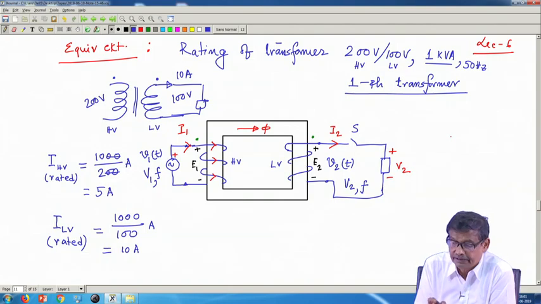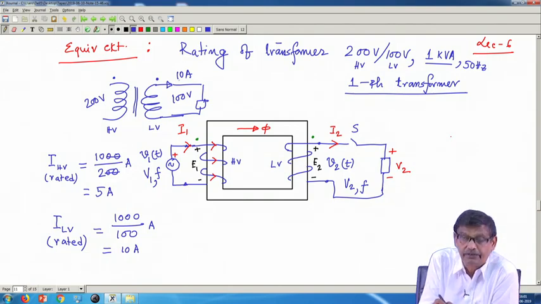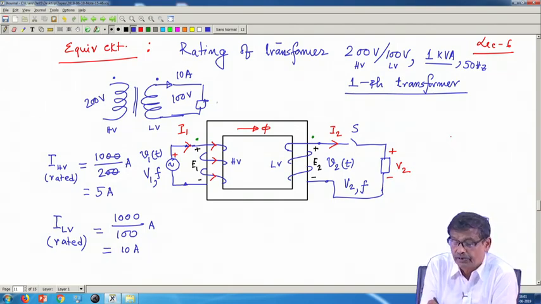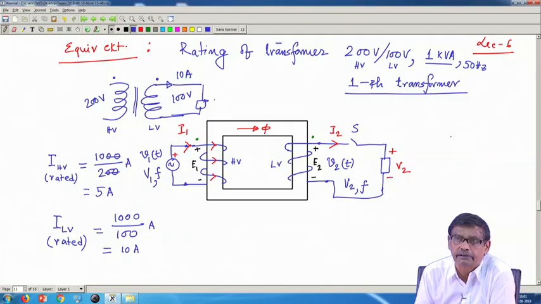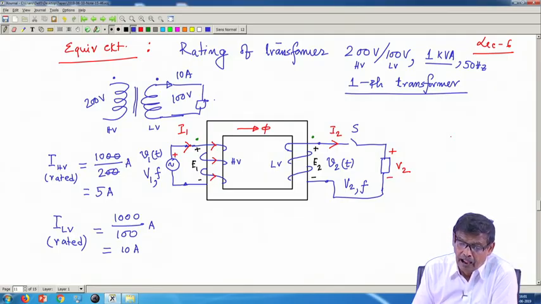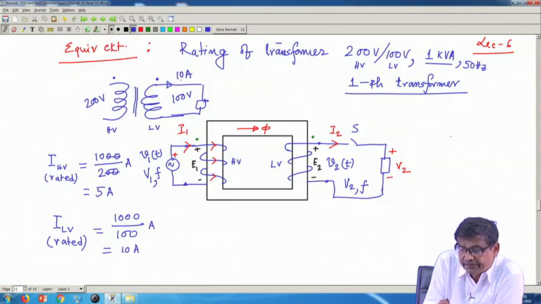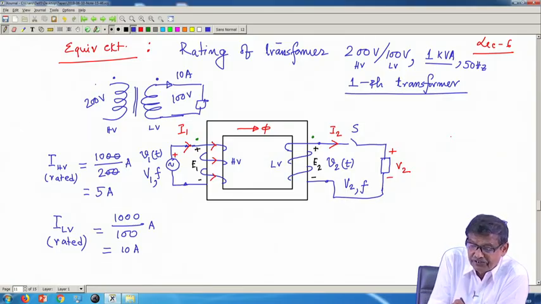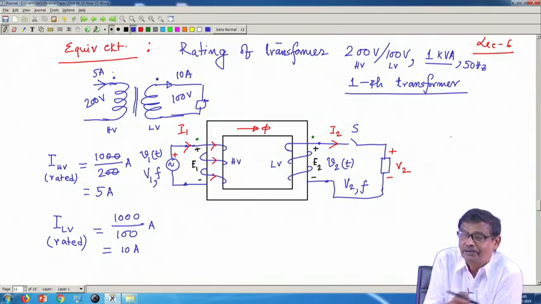Your load current must be less than or equal to 10 ampere. So, any impedance you do not connect, and when it delivers this rated current I LV rated, rest assured you do not have to do anything, your primary at that time will carry 5 ampere. That is what we have learned.